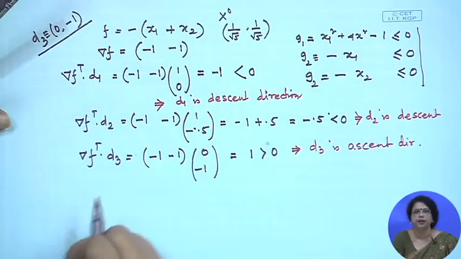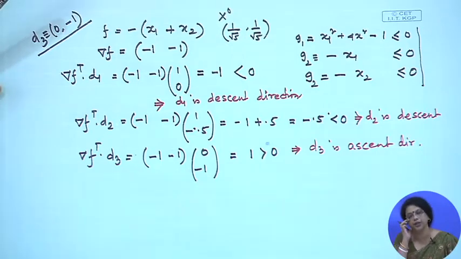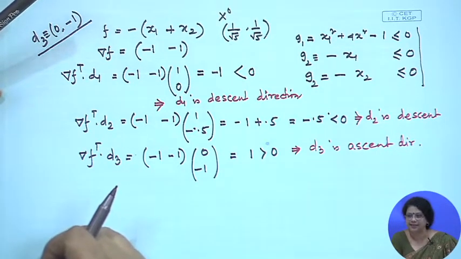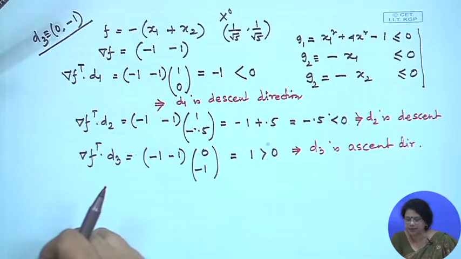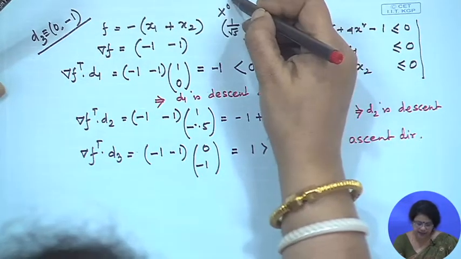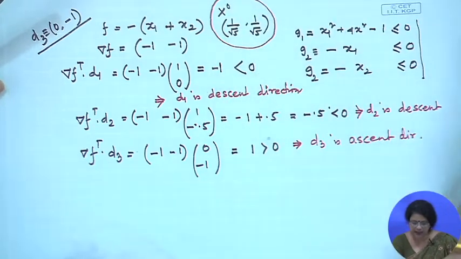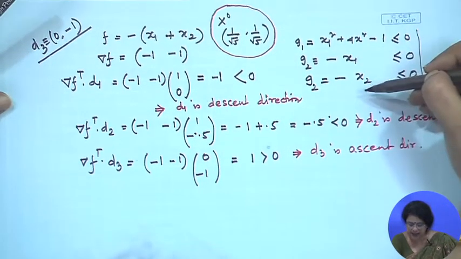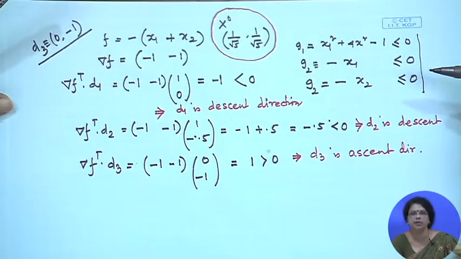All right. Now, this is all about the descent or ascent direction, but we did not say about the feasible direction yet. Now, we need to check the feasible direction. Let us see which are the active constraints, because feasible direction can only be defined with respect to the constraint set.